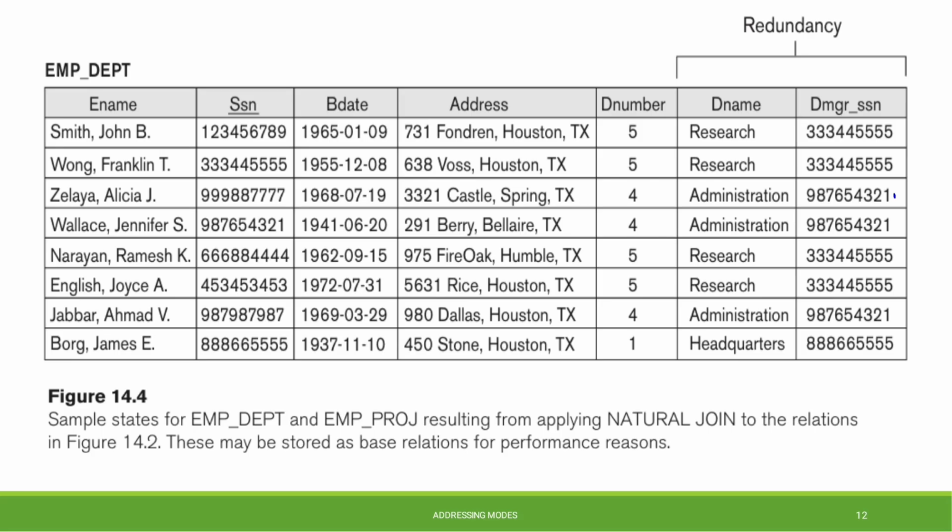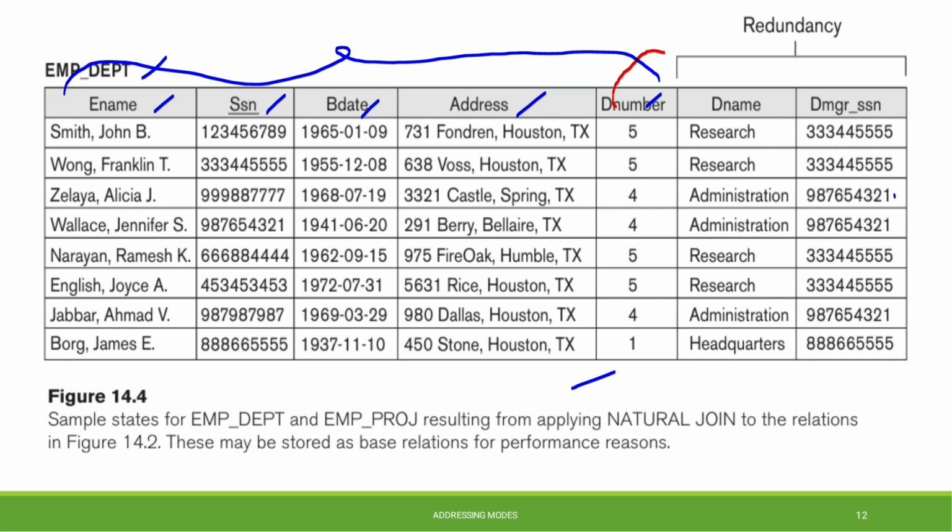So considering the EMP_DEPT relation state, meaning the set of values stored for all the attributes in all the rows in this relation: the ename, SSN, bdate, address, and D number attributes belong to the employee entity type. This we have already discussed. D number, D name, and MGR SSN, these three attributes belong to the department entity type.